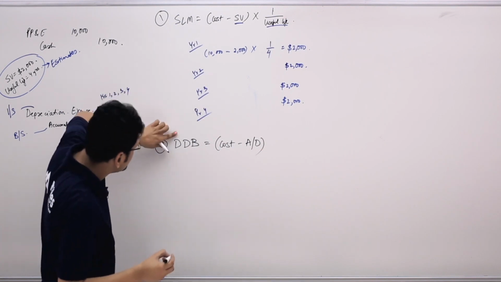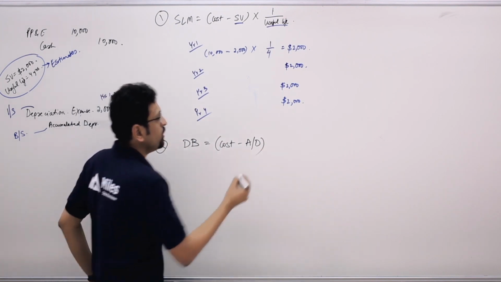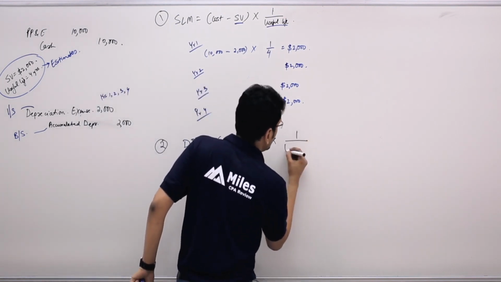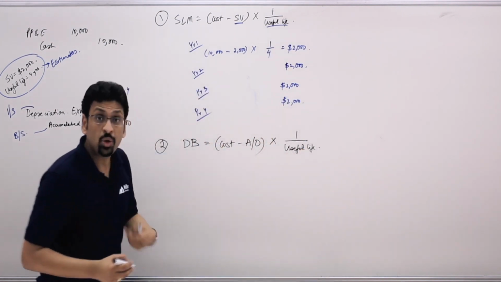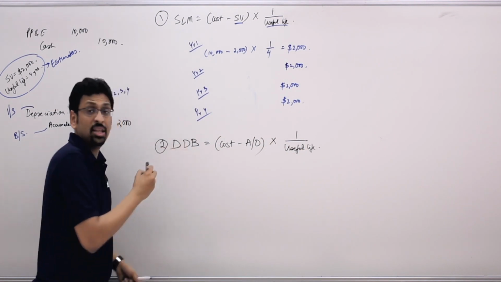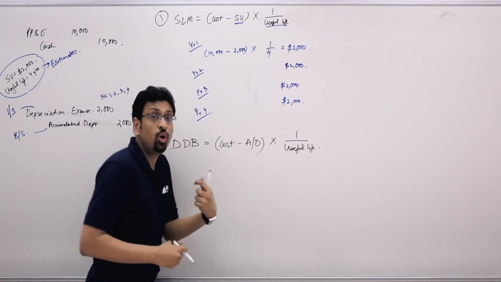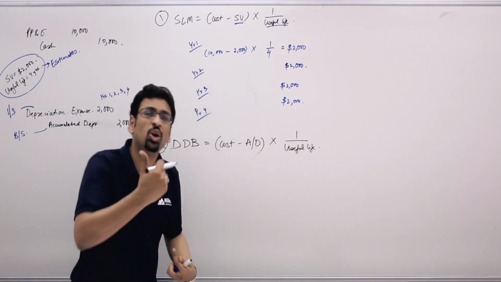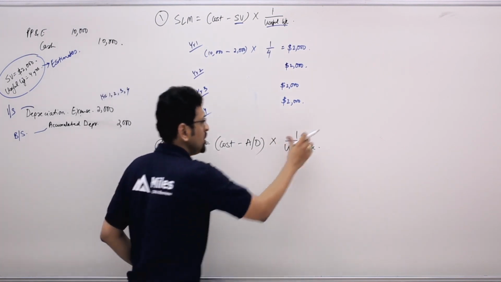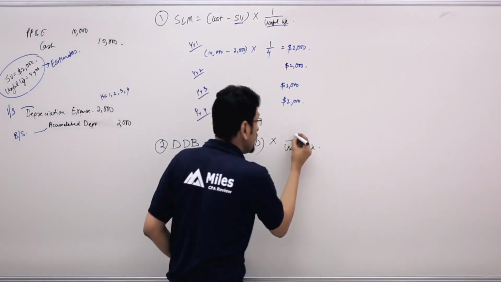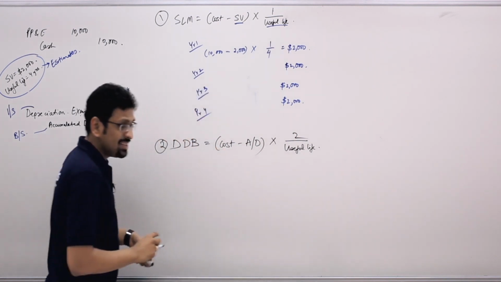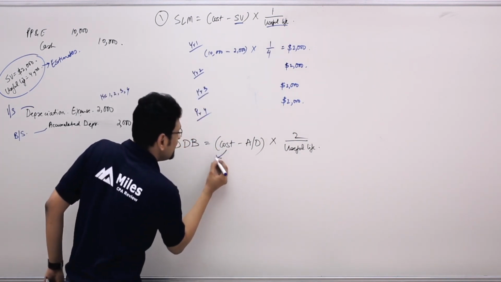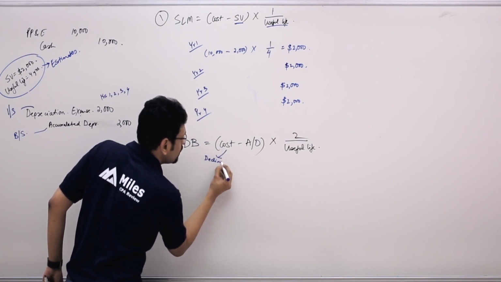And if it was a simple declining balance method, you would have multiplied by 1 by useful life. But we're doing the double declining balance method. Double means you're going to depreciate it at double the rate. You're going to accelerate the depreciation. Instead of taking 1 year, you take 2. So guys, cost minus accumulated depreciation. This is declining.